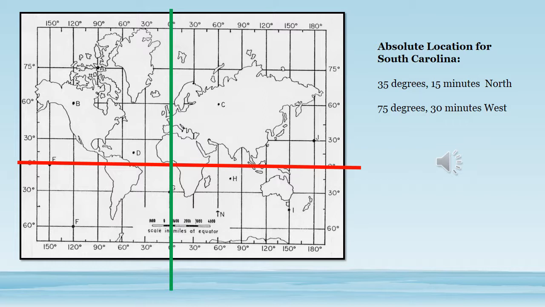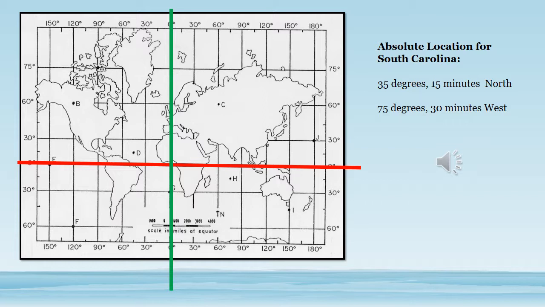If I come right over here, come back over a little bit to 75 degrees, I'm right there at South Carolina. So the absolute location of South Carolina is 35 degrees, 15 minutes north, 75 degrees, 30 minutes west.